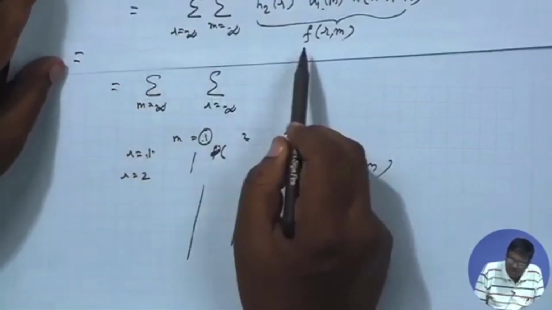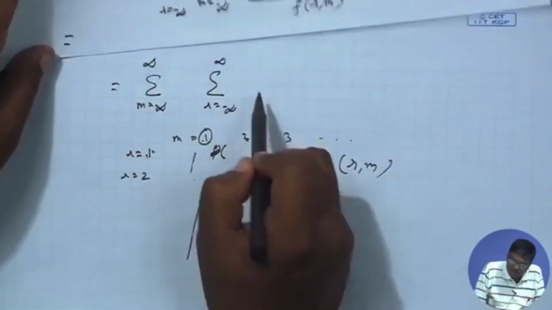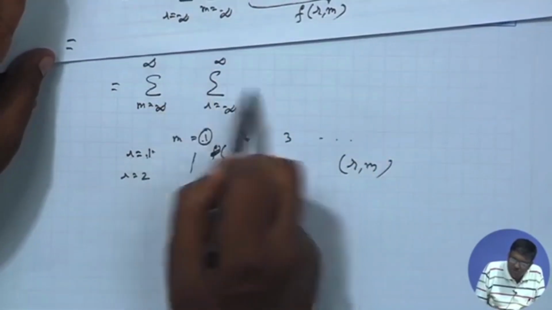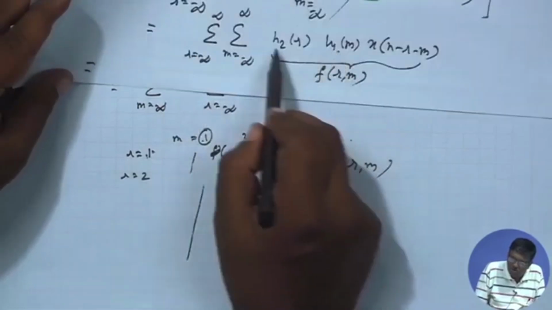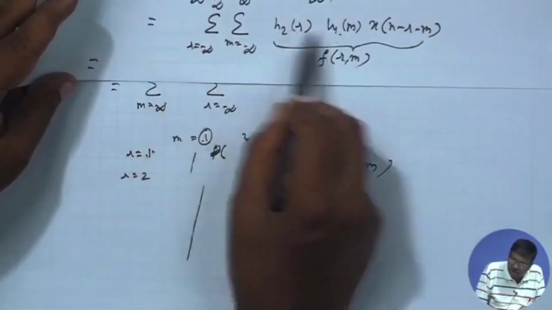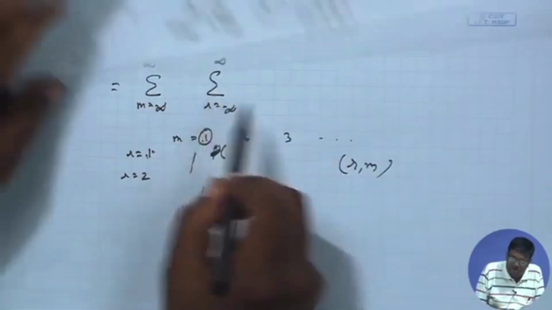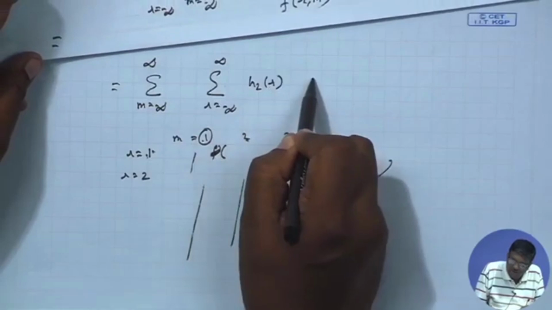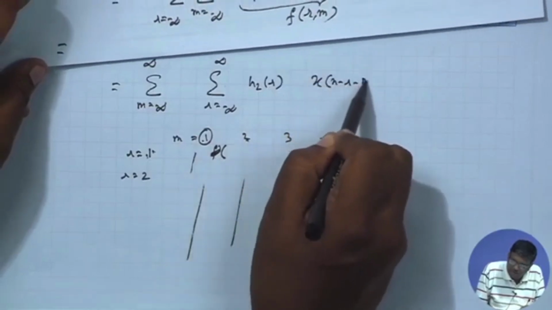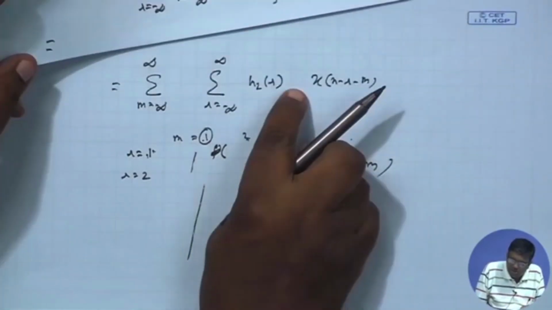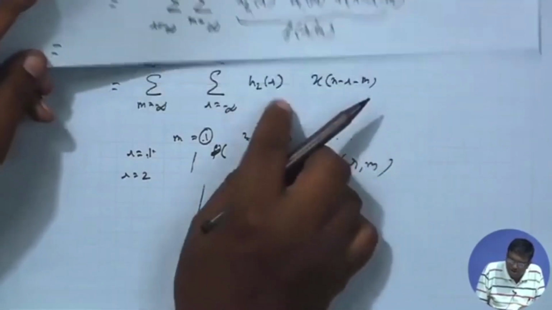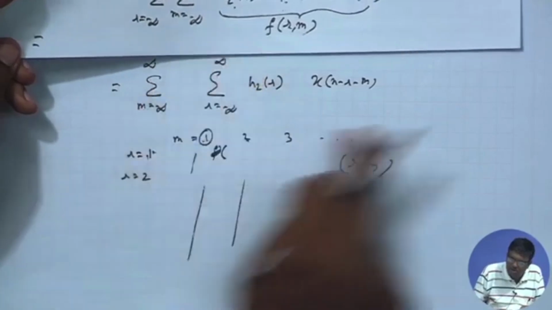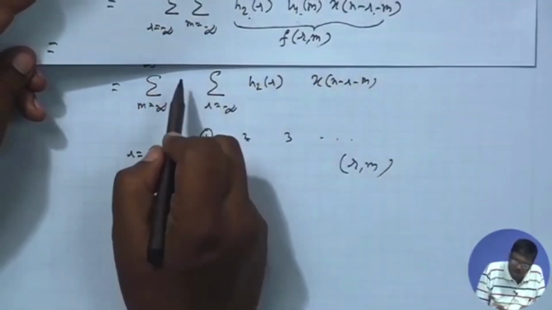Now, from this, h1 m can be brought out, because it does not depend on r. It is common for every term, while the other terms depend on r, the summation is over r, so those will be inside. This h1 m was inside, but it is common and does not depend on r; it is there for everybody in this summation. So it can be pushed outside as a common factor: you carry out the summation first, then multiply by h1 m.